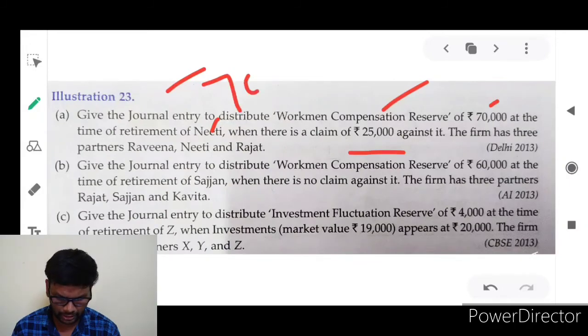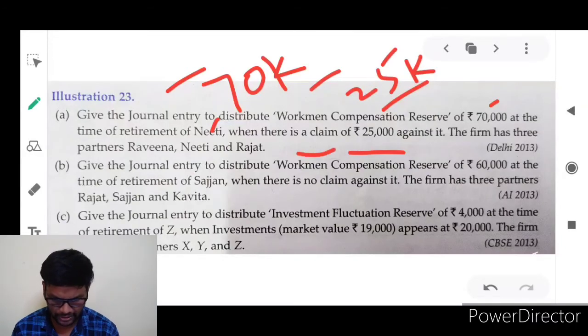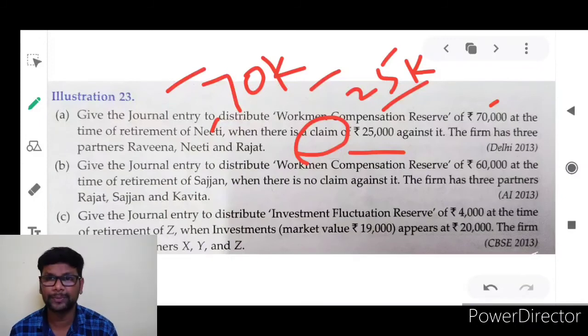So 70,000 minus 25,000, because the workman's compensation claim against the reserve is 25,000. Then the remaining 45,000 will be distributed to all the partners as per their existing profit and loss sharing ratio.